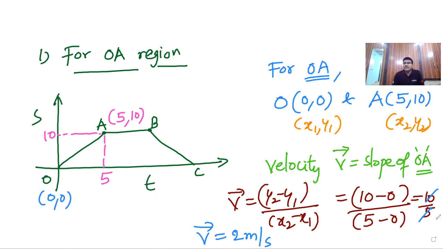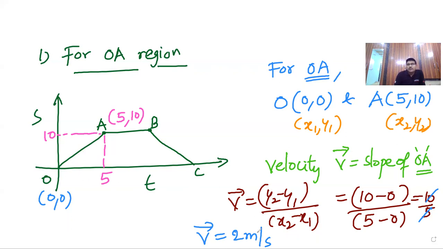Is it positive or negative? Positive velocity. So it is increasing. As time increases from 0 to 5, displacement also increases. So finally, the OA slope is also increasing. Clear? That is having the positive velocity.